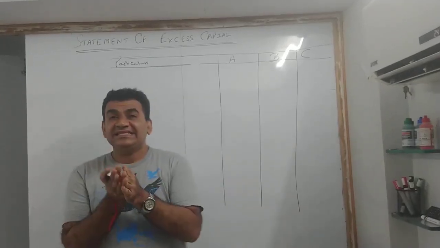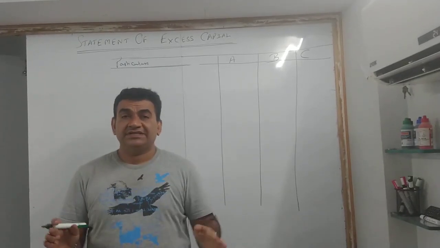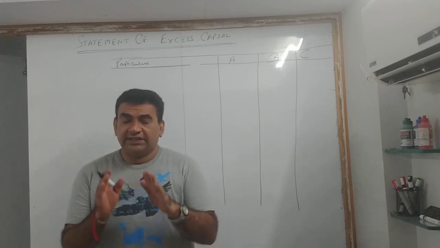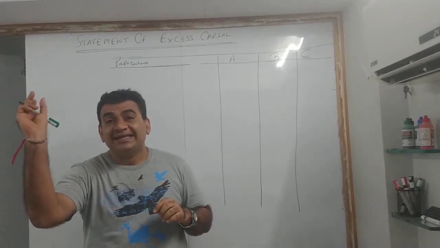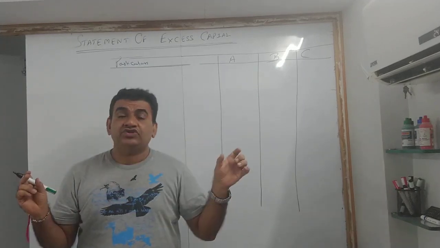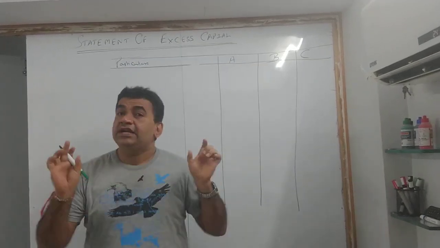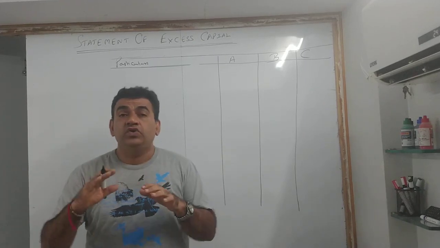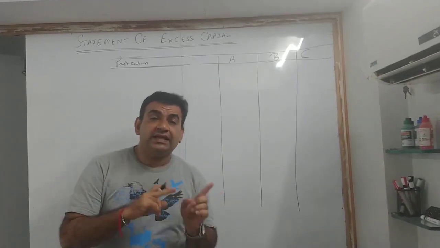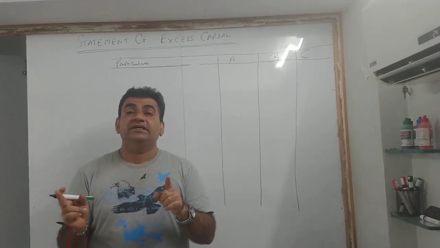Now in this sum there are no reserves and no losses, therefore your capital and actual capital are the same. It won't happen always. When there are no reserves and no losses, capital and actual capital will be the same.